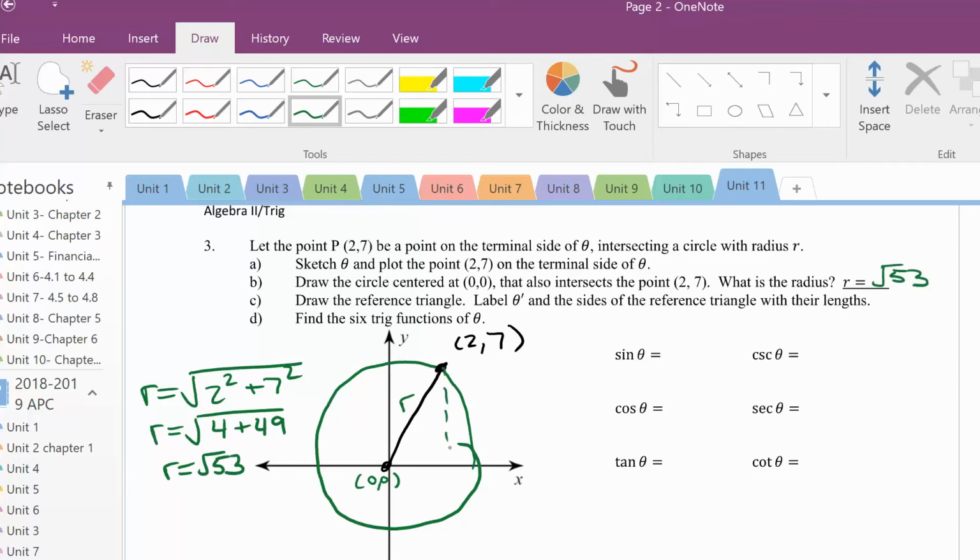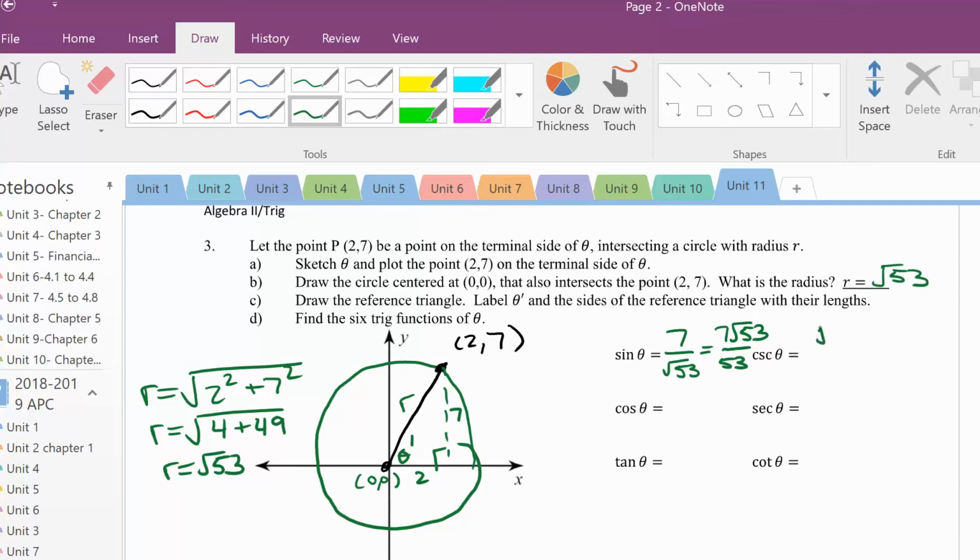Drawing the reference triangle using the reference angle here, which is the same as theta, right? Because theta is in the first quadrant. So you have 7 here and 2 there. So basically the sine is 7 over rad 53, which rationalizes to 7 rad 53 over 53.